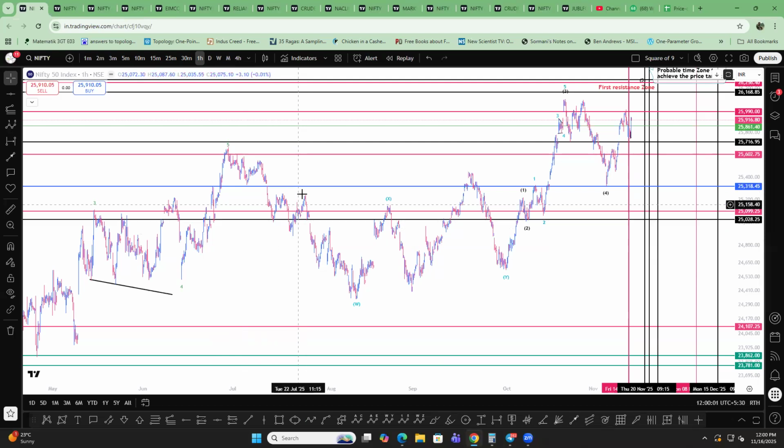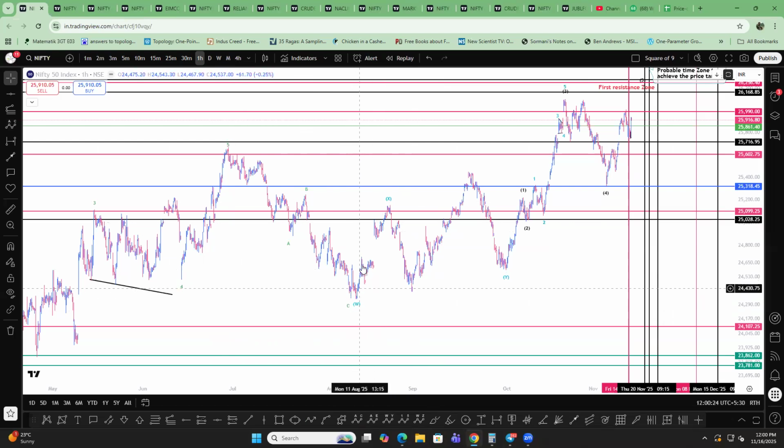It is A, B, C, right? This is a three-wave move that we have already discussed. So correction comes in three waves. That's very good. Now, if the correction has ended here, then this should be an impulsive up move, right?